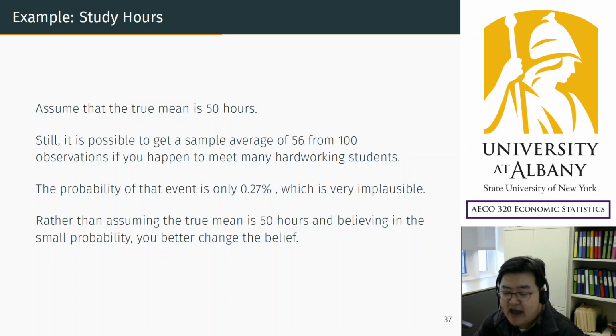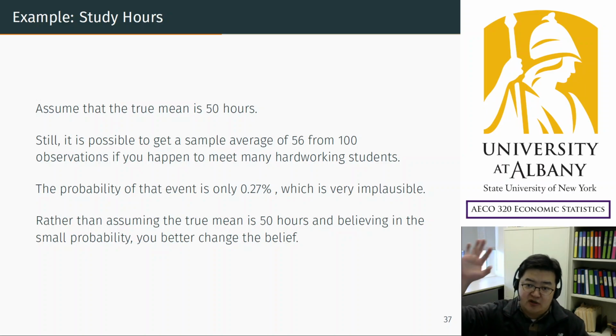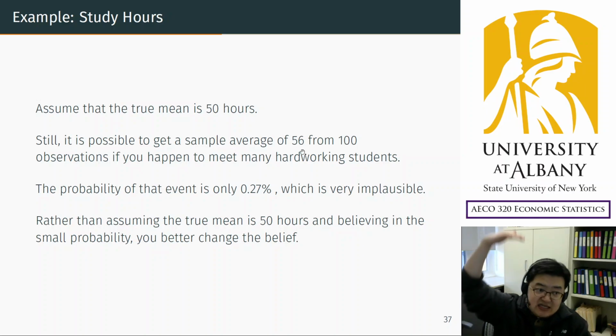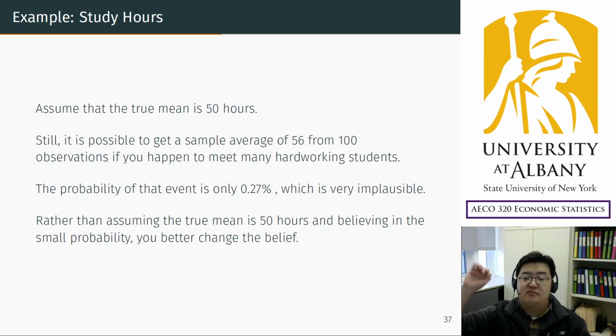But I happen to have 56. This was possible even if my belief is true: if I happen to choose a lot of hardworking students, then they drive up the sample average, so I could get a sample average of 56, which is 6 hours more than my guess.